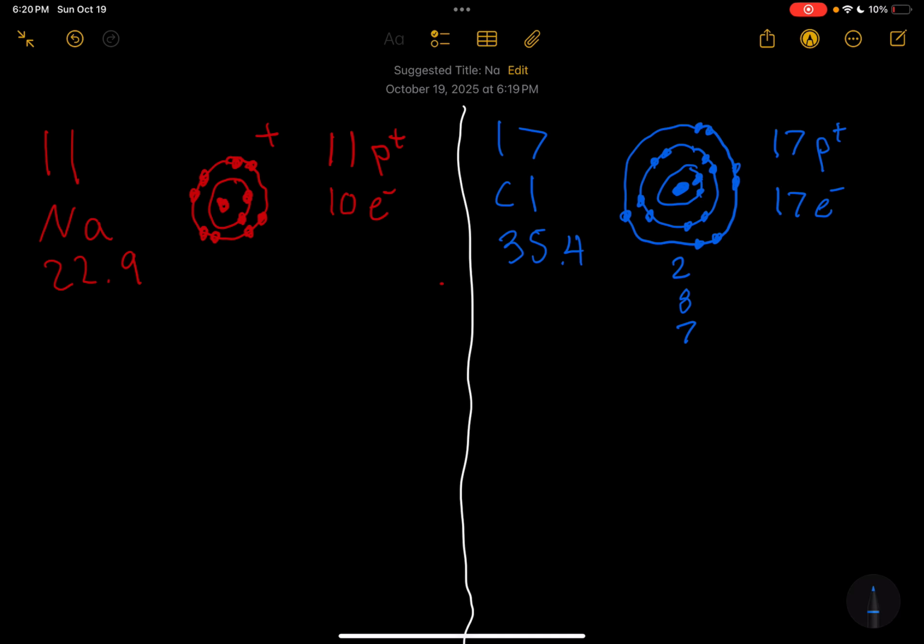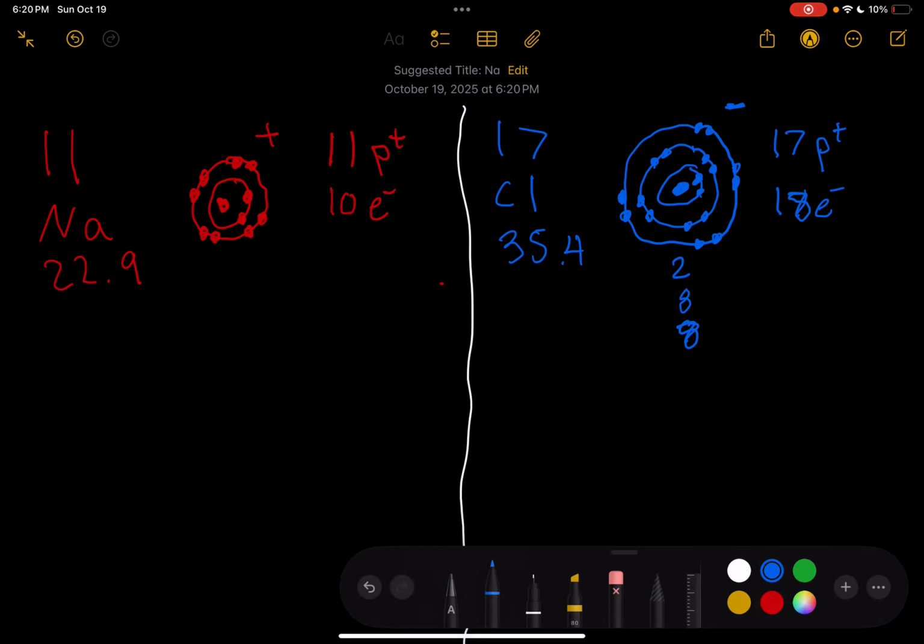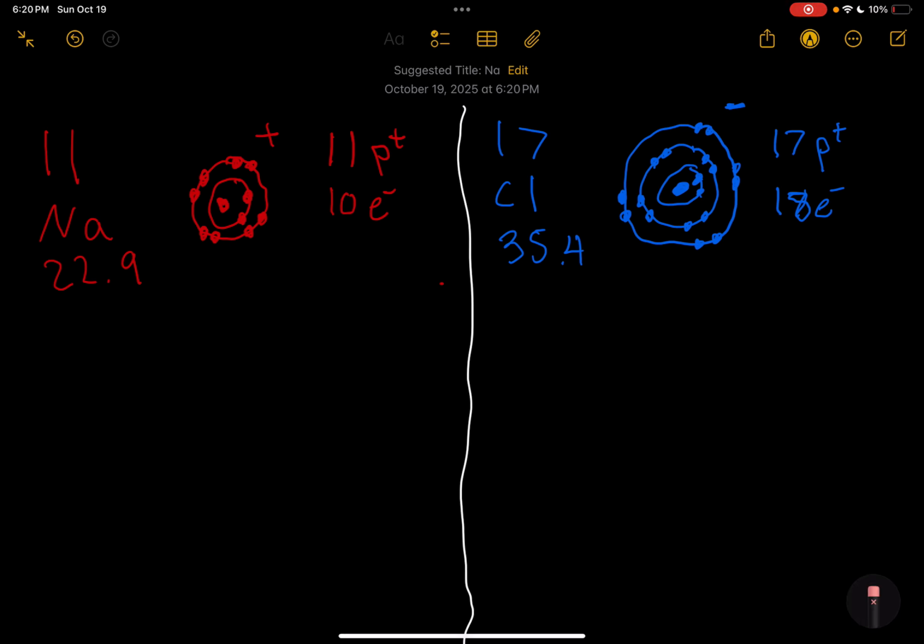So it will gain an electron from another atom or ion, and that will fill up its shell. So now it has 3 full shells, and we move from having 17 electrons to 18 electrons. And again, that's going to give it a negative charge. So we see now both of these have moved from their neutral atom forms to their charged ion forms.